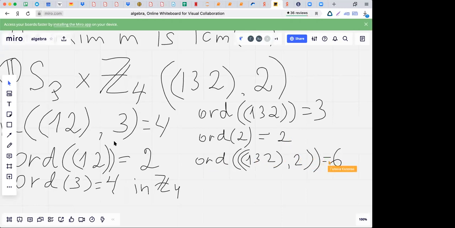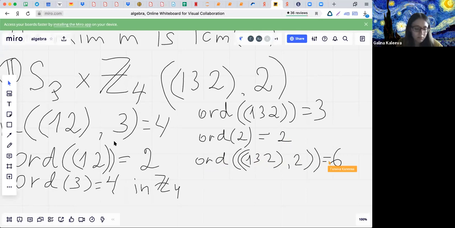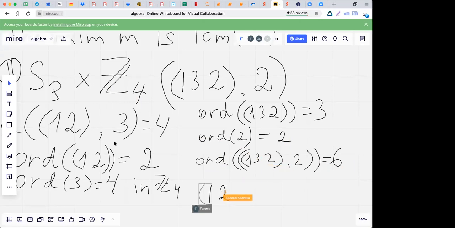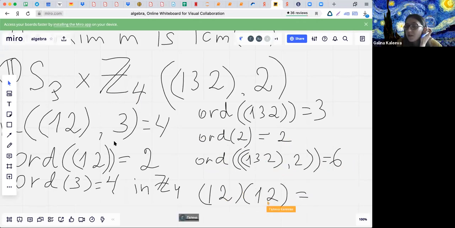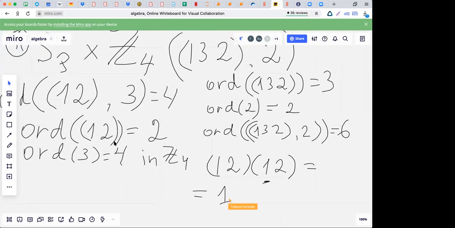Excuse me, could you please explain why the order of permutation (1 2) is equal to 2? You may directly multiply. I don't get how the operation works. The operation is the same as in our symmetric group. So how can we multiply cycles? 1 goes to 2.